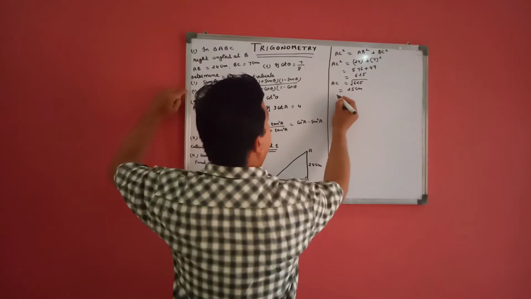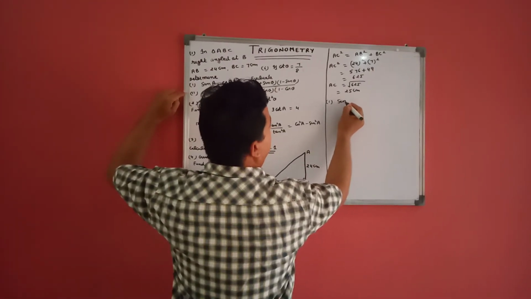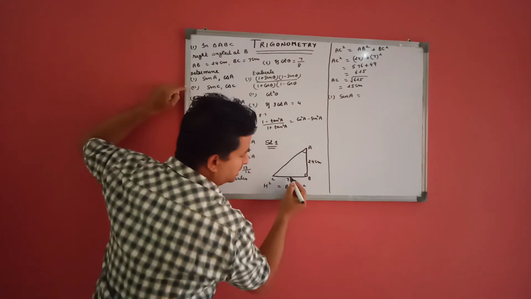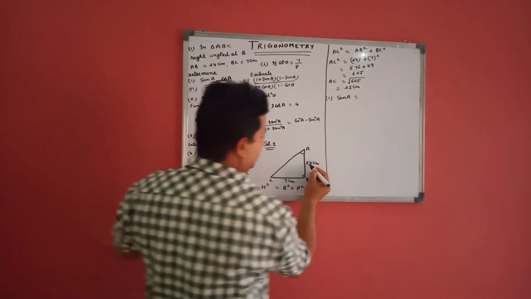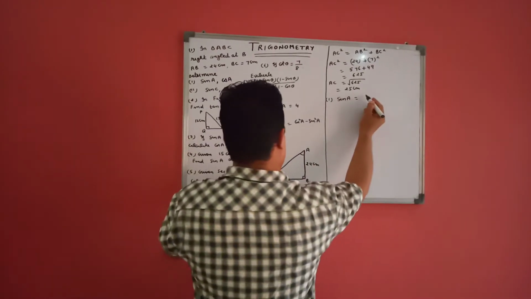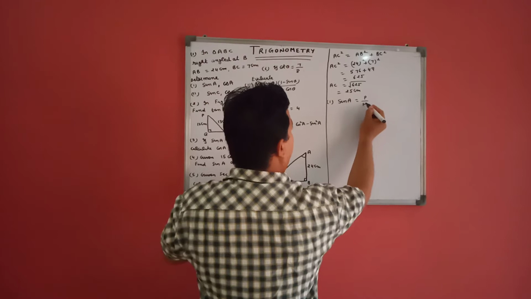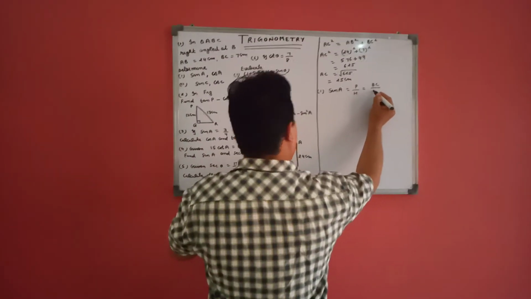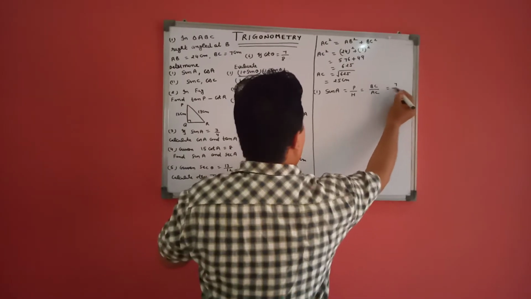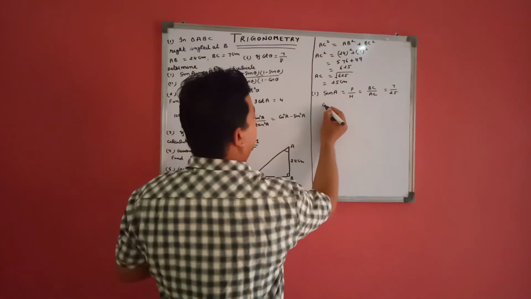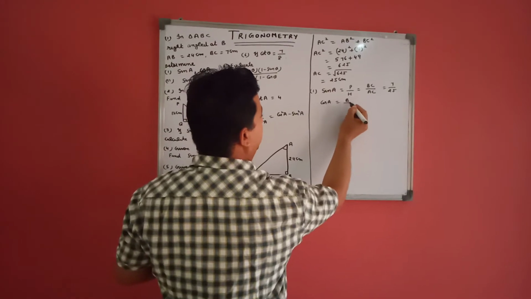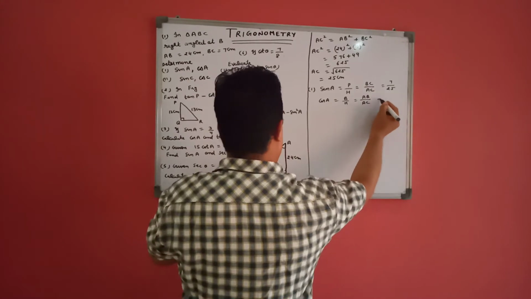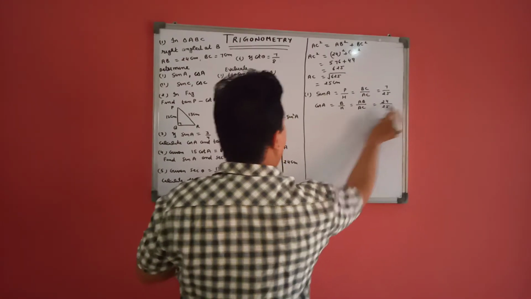The first part is sin A. In this, angle A is here. This is the perpendicular, this is the base, and this is the hypotenuse. Sin is perpendicular over hypotenuse. The perpendicular is BC and the hypotenuse is AC, so sin A is 7 over 25. Cos A is base over hypotenuse. The base is AB, the hypotenuse is AC, so 24 by 25.